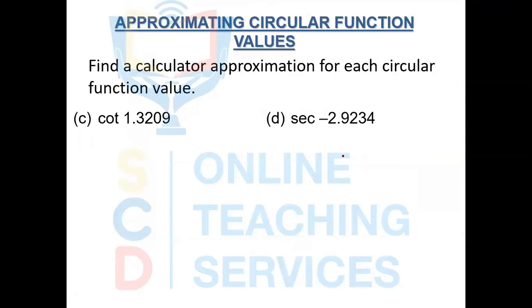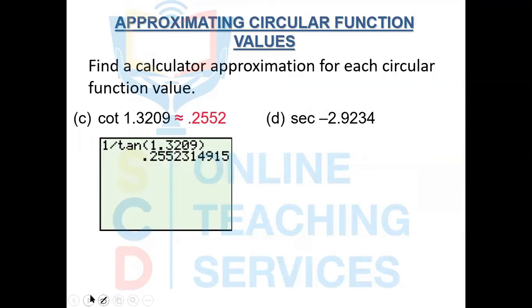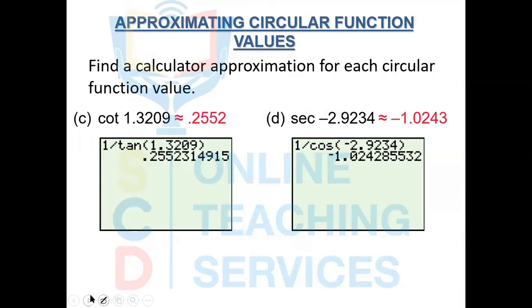So you will enter 1 divided by cosine of negative 2.9234, and that gives you the answer. Negative 1.0243. Okay, so very good, Jessalyn.